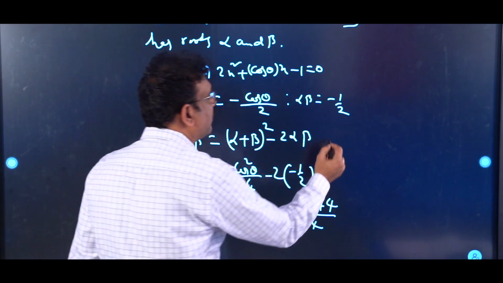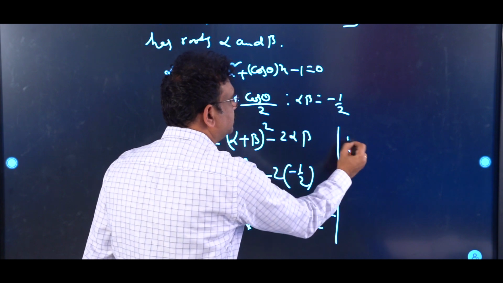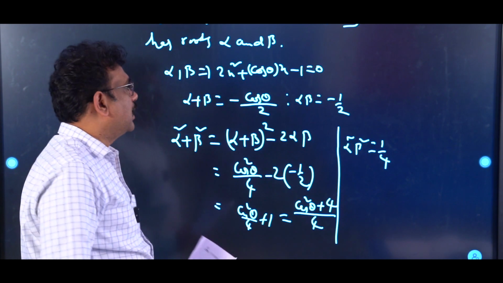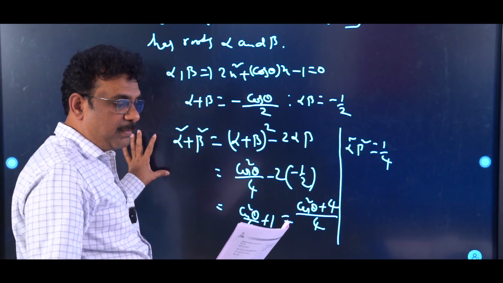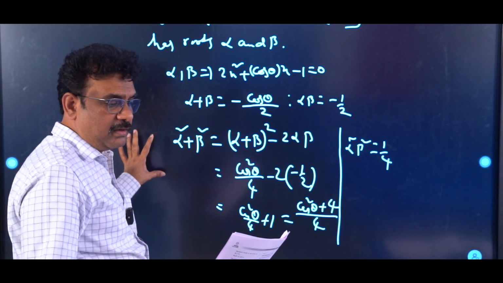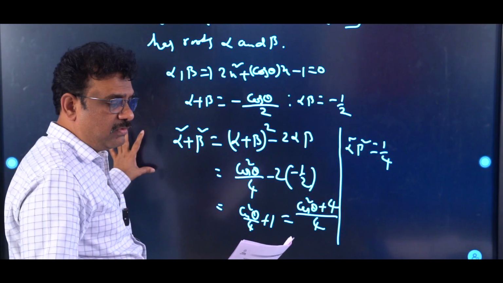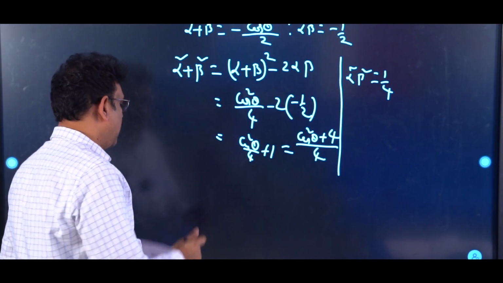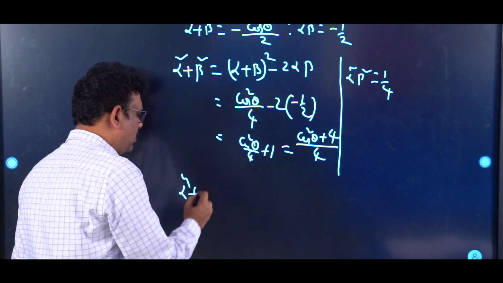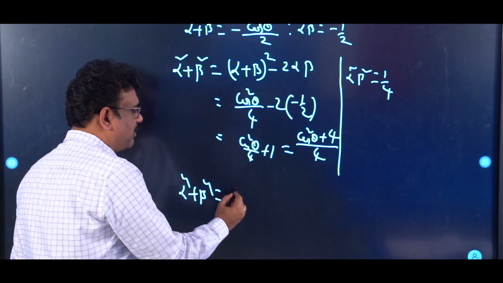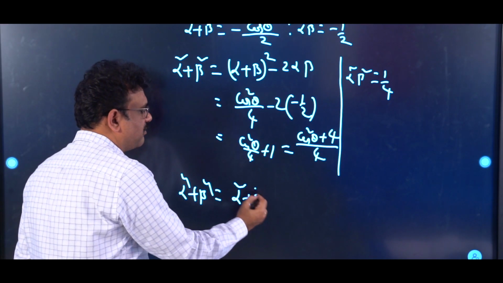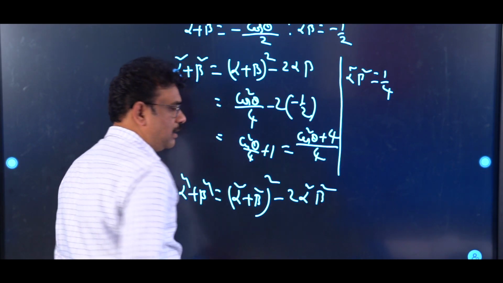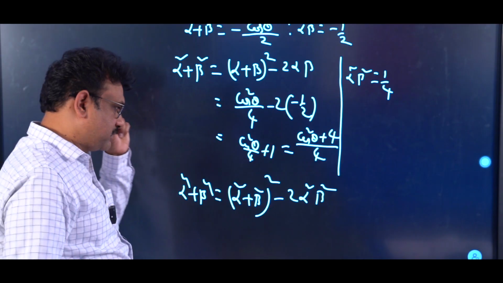Now alpha square beta square is equal to 1 by 4. Now we have to find the sum of maximum and minimum value of alpha power 4 plus beta power 4. Now alpha power 4 plus beta power 4 equal to alpha square plus beta square whole square minus 2 alpha square beta square.